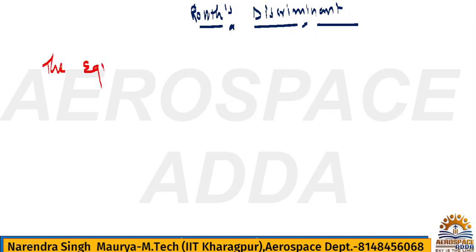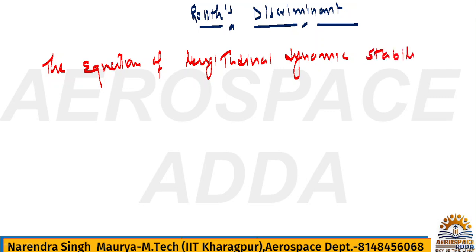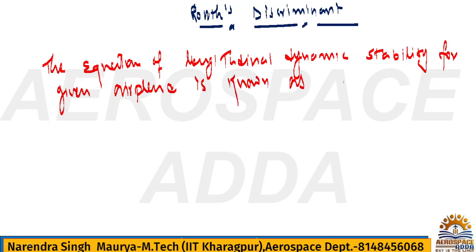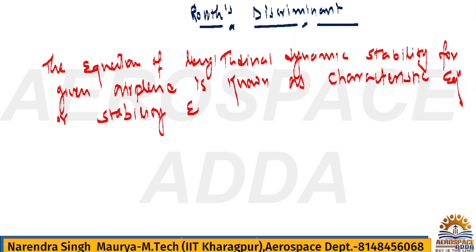The equation for longitudinal dynamic stability for a given airplane is very important. It is known as the characteristic equation, or stability equation.